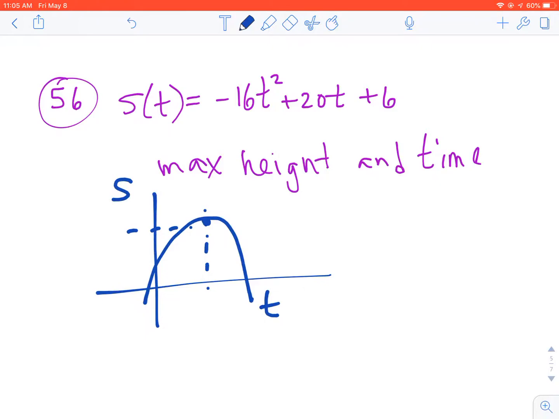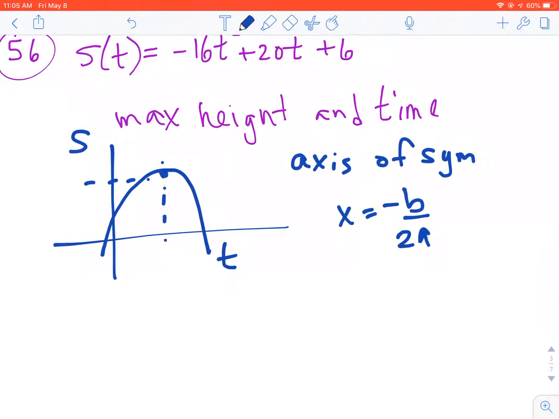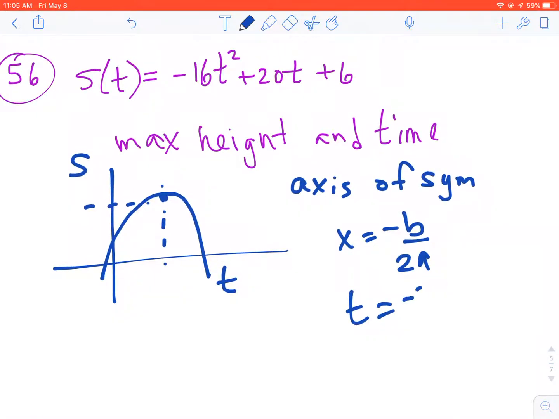So you can use your calculator and find the maximum if you want to do that. Or you can remember that your axis of symmetry is x equals negative b over 2a. So the time, which is the x, is going to be negative b, which is negative 20, over 2 times negative 16.